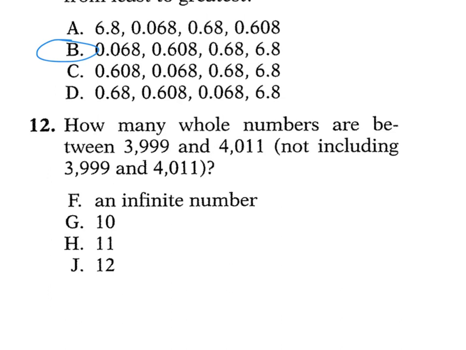Number 12, how many whole numbers are between 3,999 and 4,011, not including 3,999 and 4,011.